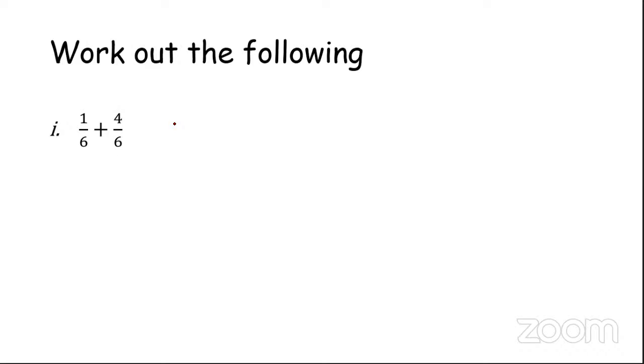Yes, Isaac? The answer is 5 out of 6. 5 out of 6. So how do you arrive at 5 out of 6? We get 1 plus 4 out of 6, then we get 5 out of 6.